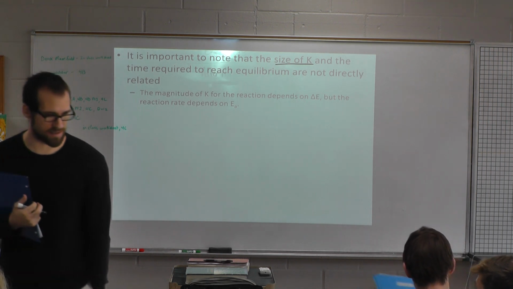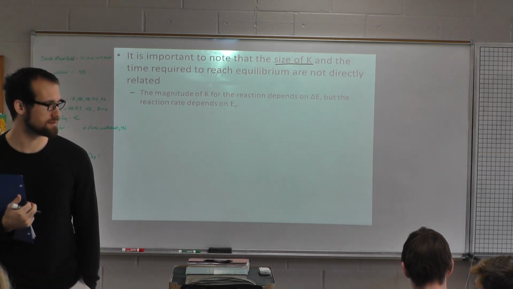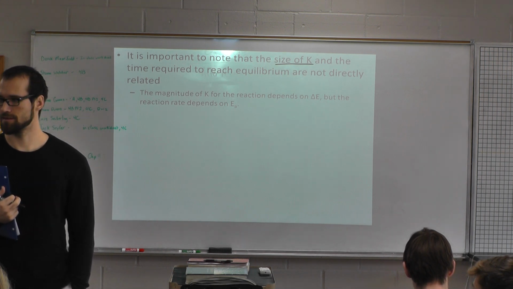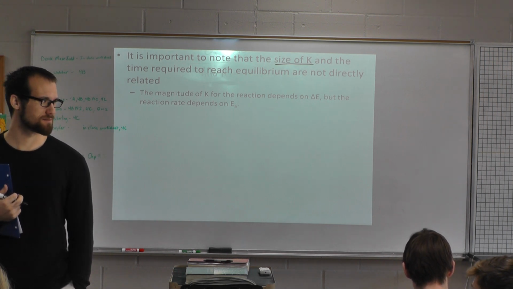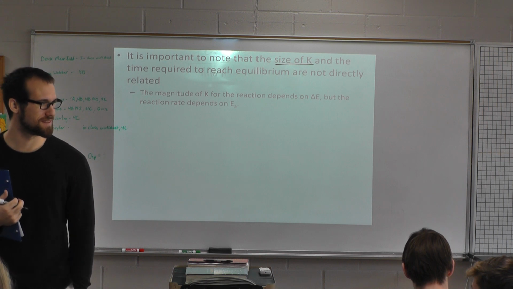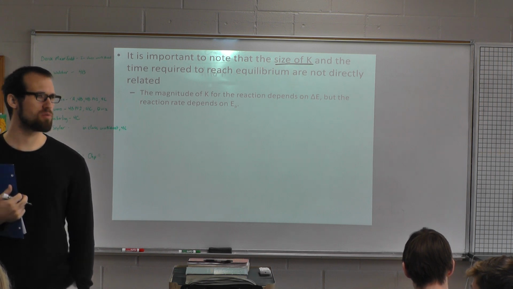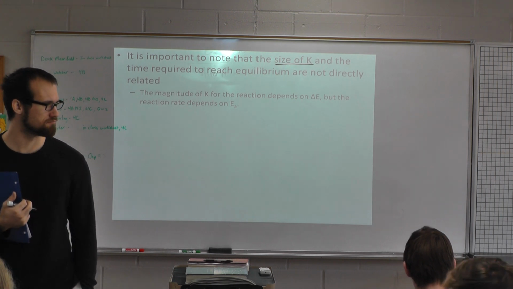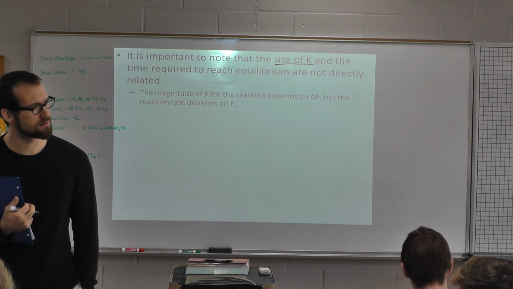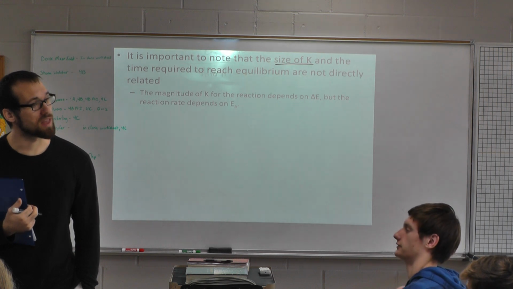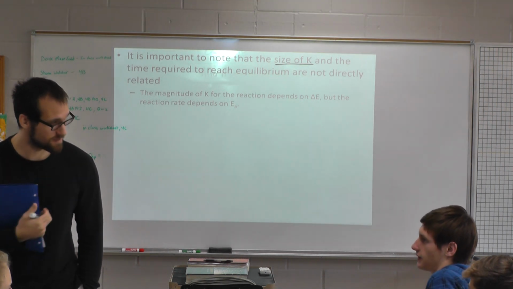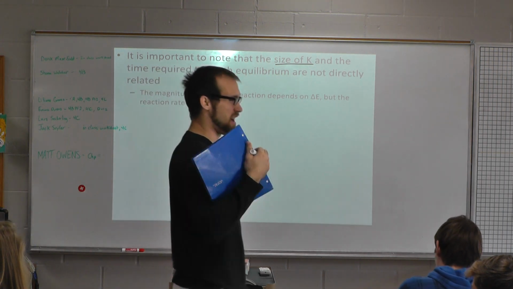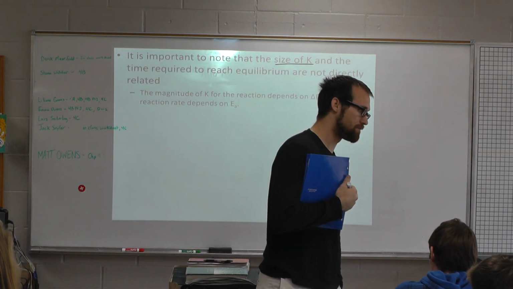Rates are dependent upon its ability to what? How fast was determined? Well, we talked about a catalyst, right? A catalyst speeds up a reaction. And how did it do it? With a lower activation energy. So how fast was primarily dependent upon the activation energy.